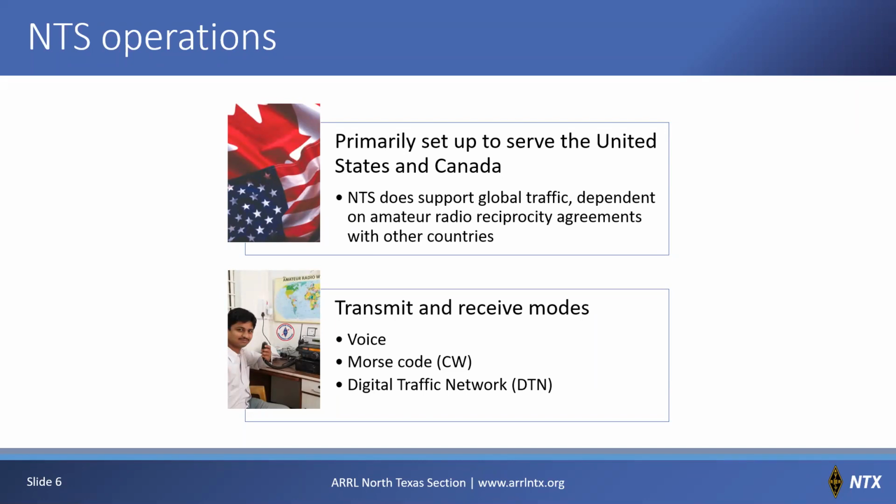And so we can get the traffic in through the NTS, and then there are connection points where the message can then swap into MARS and then relay through MARS to get to the destination. And we had a big exercise for that. Some of you might have seen back last October, where we had messaging coming from MARS and coming into the NTS and crossing the country through that. So some areas have that better than others. It just depends on the liaison relationships.